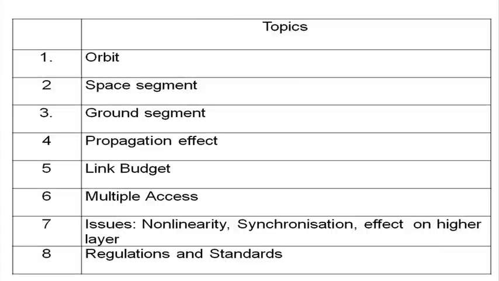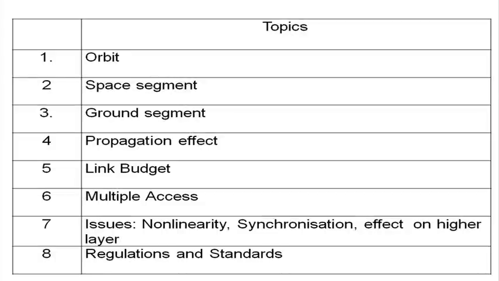And since it is covering a very large area, we will talk about multiple access, multiple users can access the satellite, and there are certain technical issues that we will discuss, which are about the nonlinearity, about the synchronization, about the effect from this physical layer to the higher layers, that is the data link layer, the transport layer, network layer. So, that also we will discuss. We will discuss the regulation and certain standards.